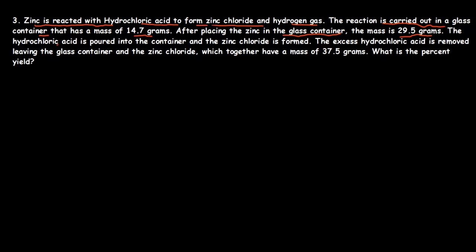The hydrochloric acid is then poured into the container and zinc chloride is formed. The excess hydrochloric acid is removed, leaving the glass container and the zinc chloride, which together have a mass of 37.5 grams. What is the percentage yield?